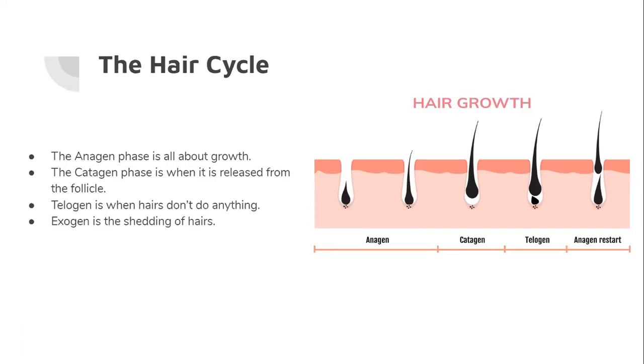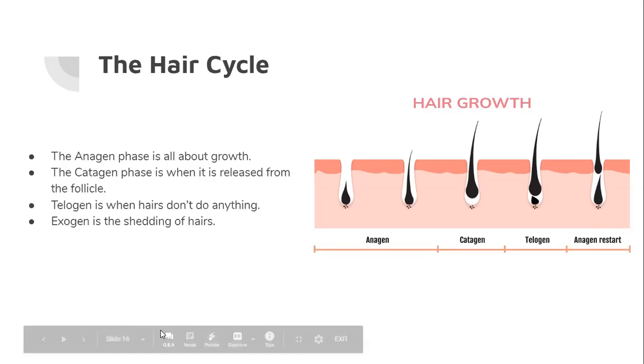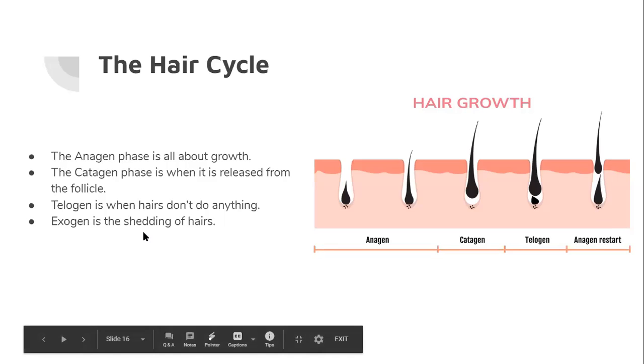It's not growing, it's not doing anything. It's just normal hair. I think about 10 to 15% of all hairs are in the telogen stage. And then the anagen restart is all about the hair releasing, and that's called the exogen.